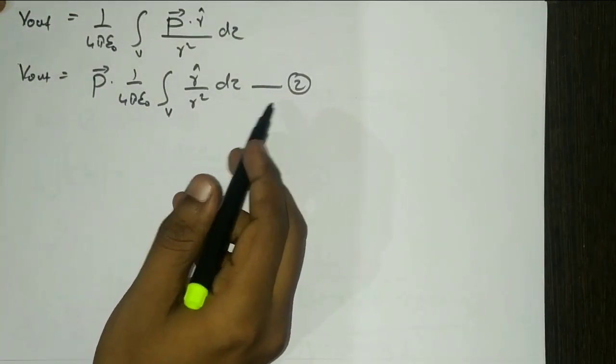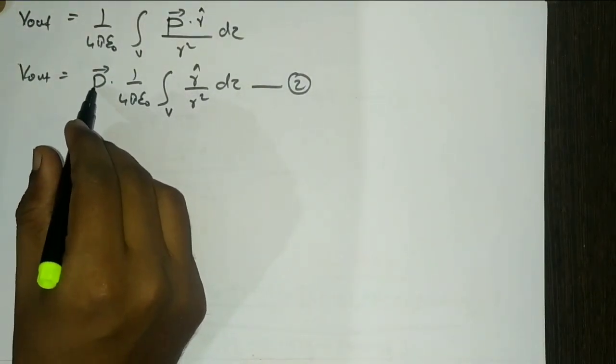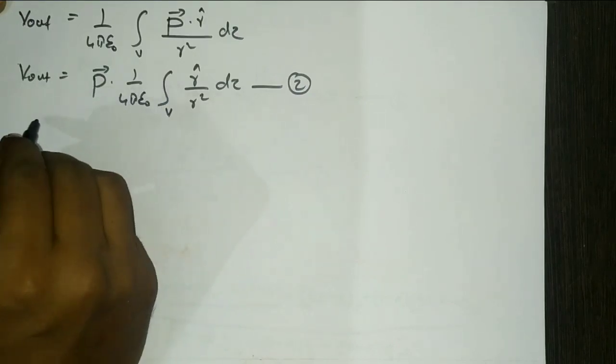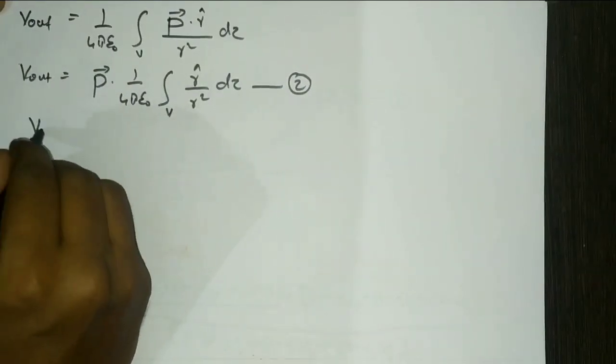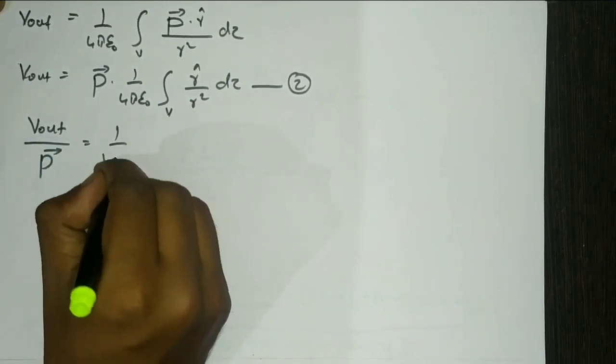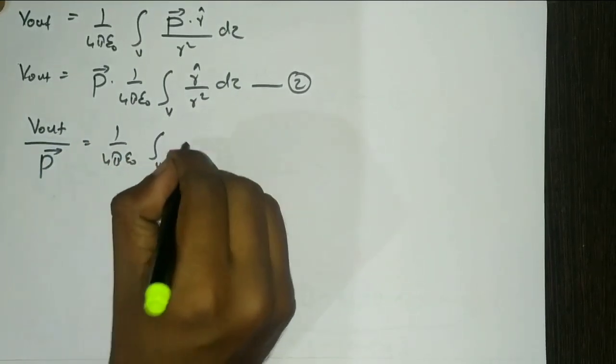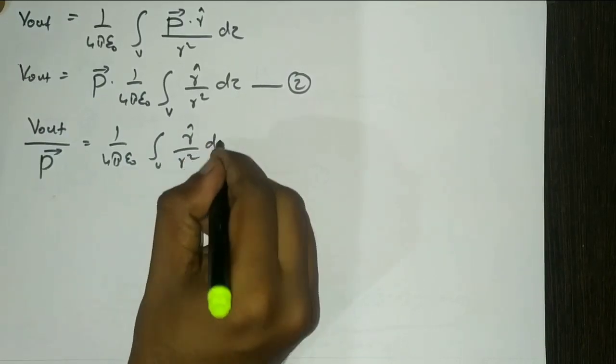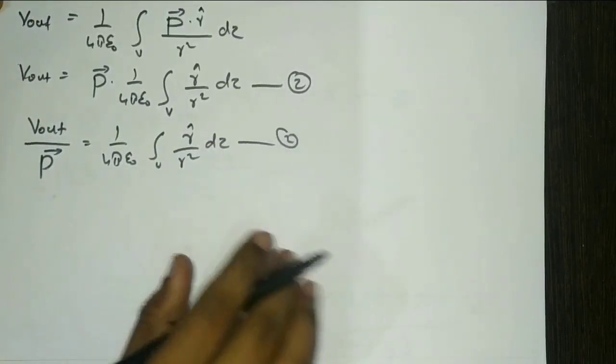This was our equation 2. Since the polarization is uniform, we have taken P outside. If I bring this P to the left side, V out by P is equal to 1 by 4 pi epsilon 0 volume integral of r cap by r square d tau. This is nothing but the same equation.